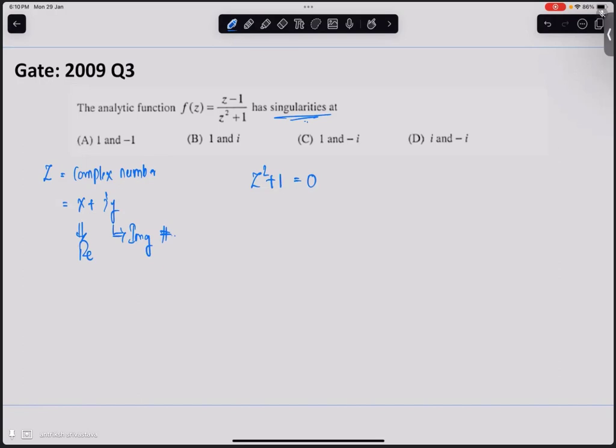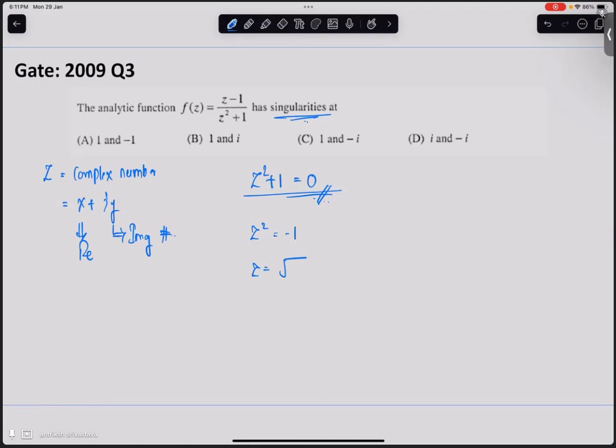Now, can you solve this question now? Many of you would have already solved this question, but let's try to see what value we get. z² + 1 = 0. So if we simplify this, what will we get? z² = -1. And what do we know in complex numbers?